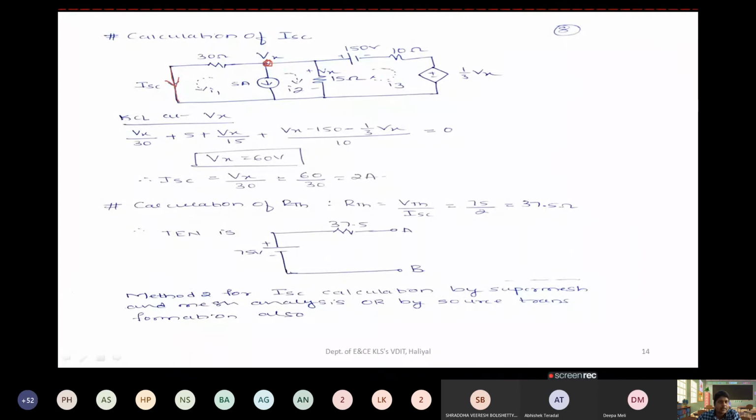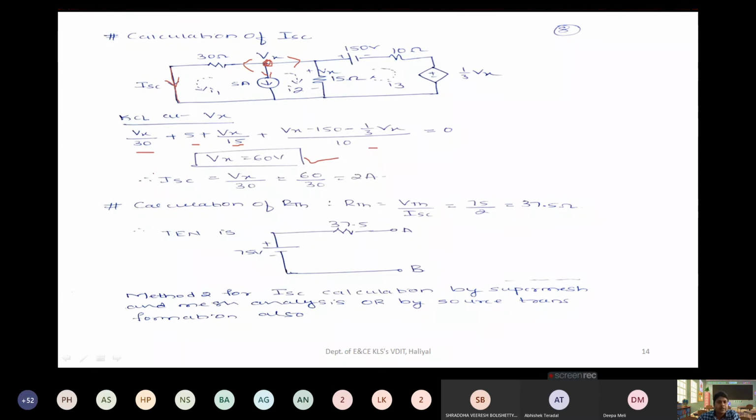If you apply KCL at Vx, again you get the same currents: Vx divided by 30, this first current, and this is 5, the second current, Vx divided by 15, then Vx minus 150 minus 1 by 3 Vx divided by 10, this current. If you solve for Vx using a calculator, you will get 60 volts. Manually also you will get 60 volts, right?